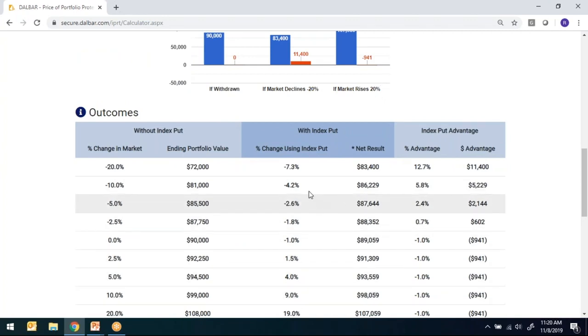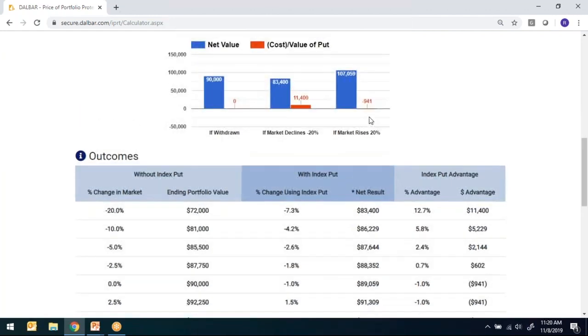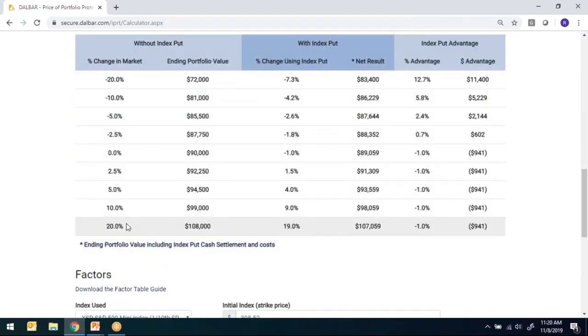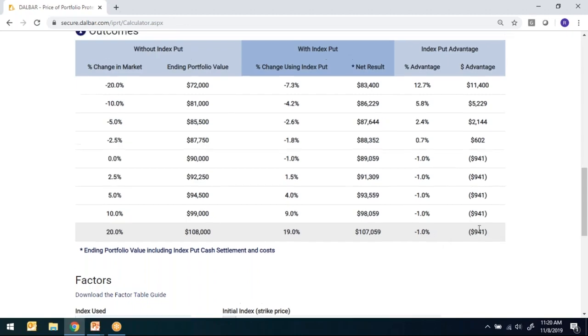The premium is 1%, and if the portfolio did lose 20%, then the client would still lose 7.3%. So a good amount of downside protection, but not quite as much. But on the flip side, obviously, in a situation where the market is up, they would participate in that full upswing and only have paid that 1% premium, the $941. So it's just a matter of degree.